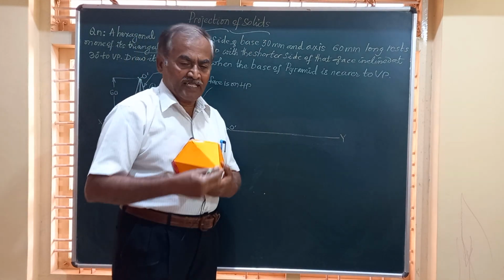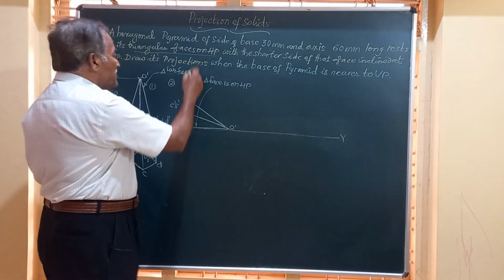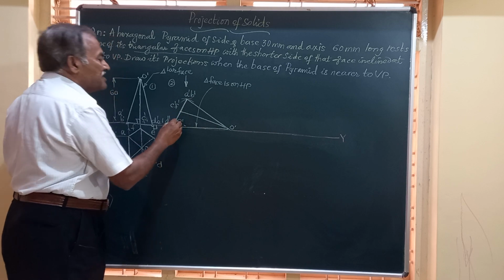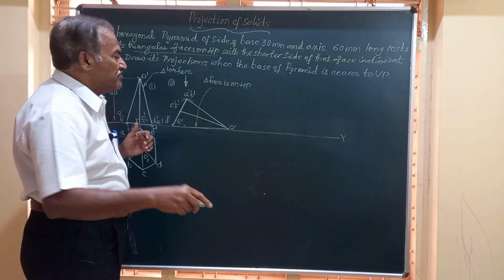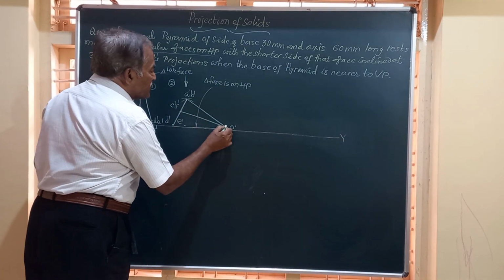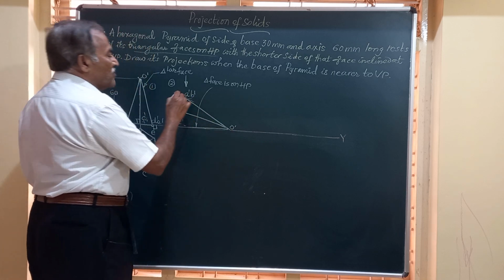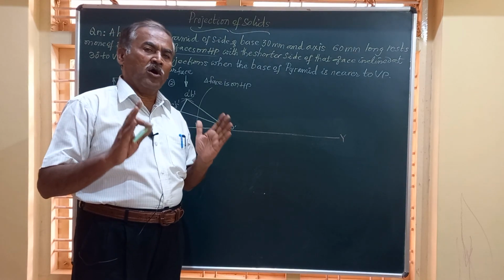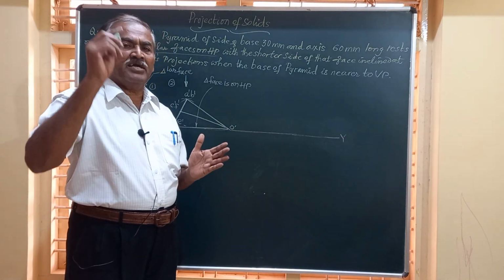So in this front view, when you look from the top, this complete line representing the base of the solid is visible, as well as these 2 lines, O dash A dash and O dash B dash, and hence we are going to show all such lines and edges by straight lines.